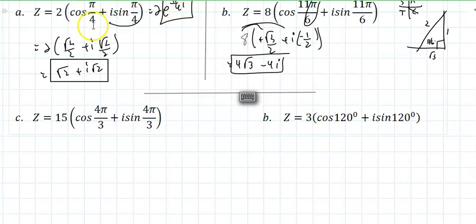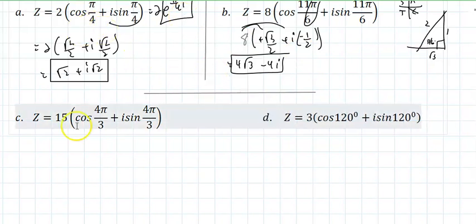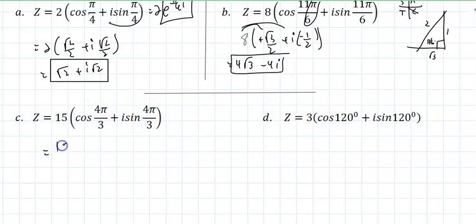And I'm going to use the triangle for the number part. Oh, I didn't change them. That's a D. For C, again, that's really simple. That is 15. Pi over 3 is 60 degrees right there. Cosine is 1/2. Sine is radical 3 over 2. Except 4 pi over 3 is in quadrant 3.